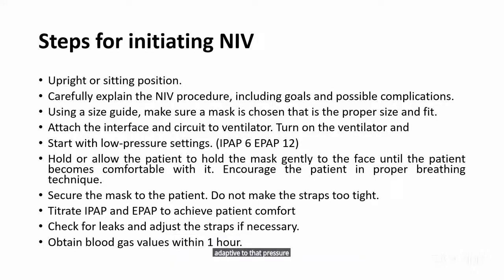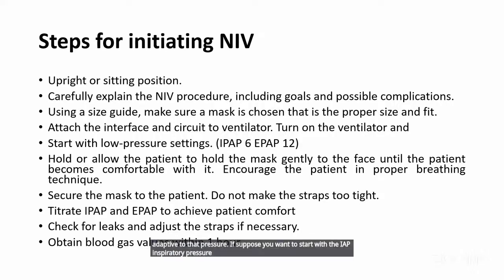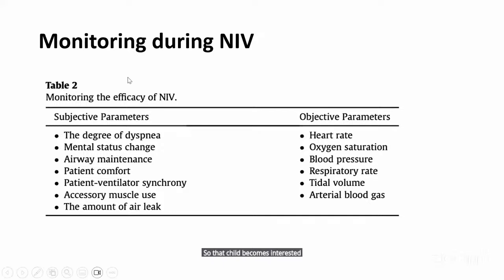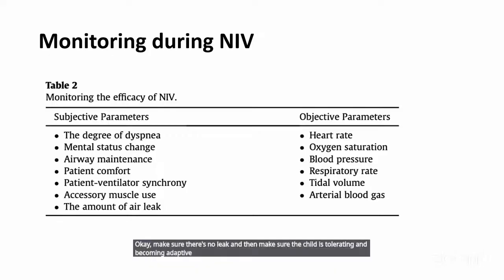If you want to start with an inspiratory pressure of 12 and an expiratory pressure of 6, you then slowly increase the IPAP so that the child becomes adjusted to it. Make sure there is no leak, that the child is tolerating and becoming adaptive to it, and that work of breathing improves frequently.